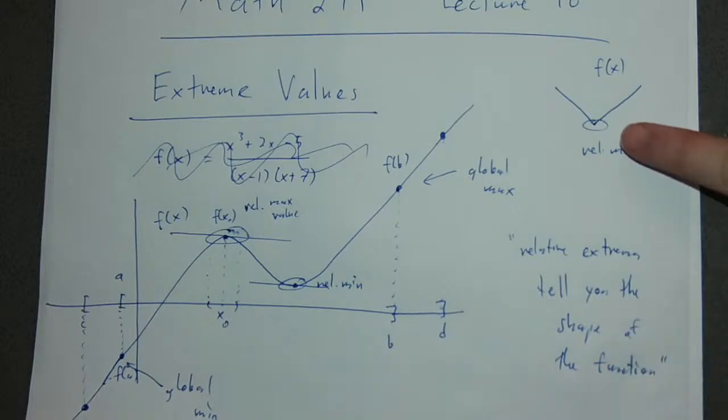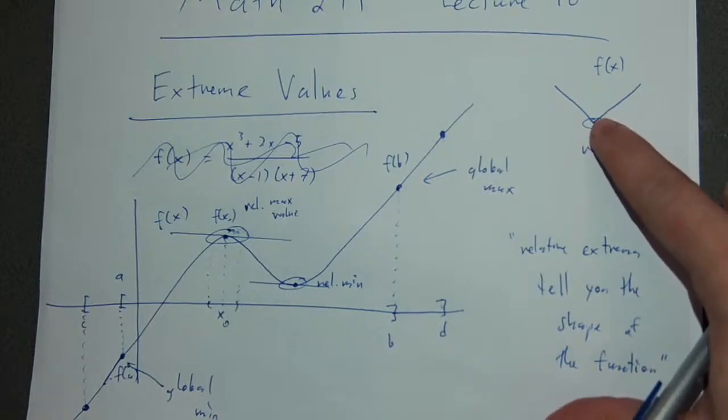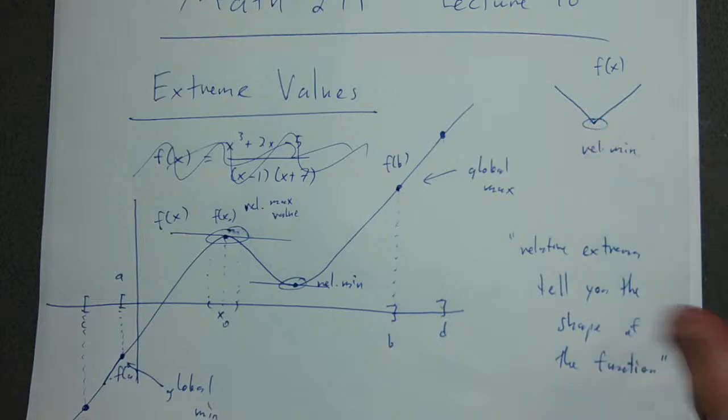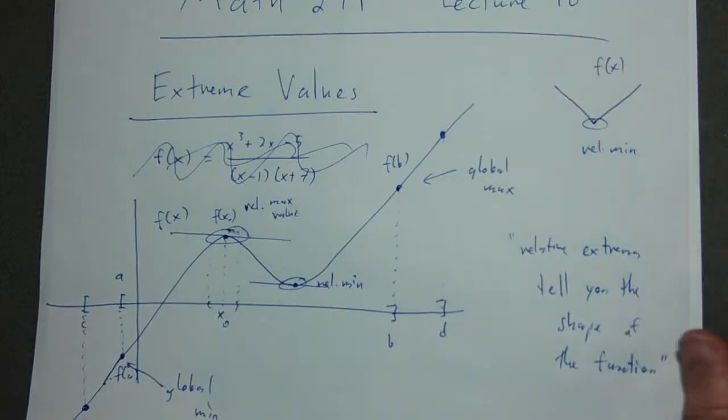What's the problem here? Well, the problem here is that the derivative's not 0 here, right? In fact, the derivative doesn't exist here, because here the derivative is some negative constant, here it's some positive constant, and so that derivative doesn't exist there. It's not differentiable there, okay?